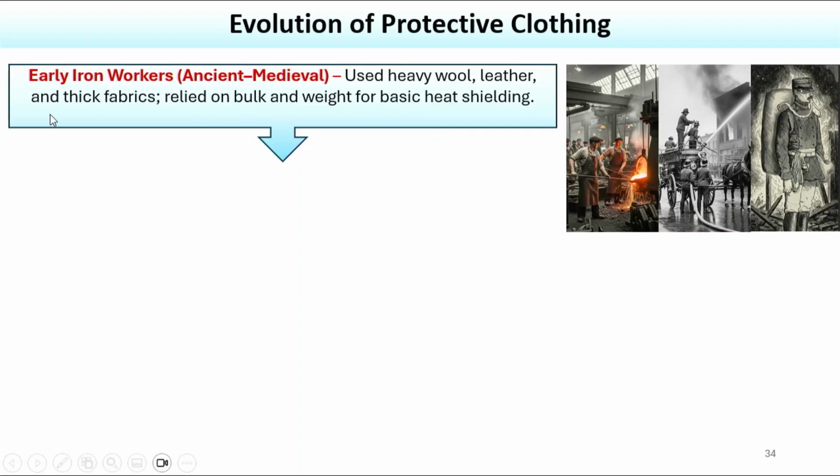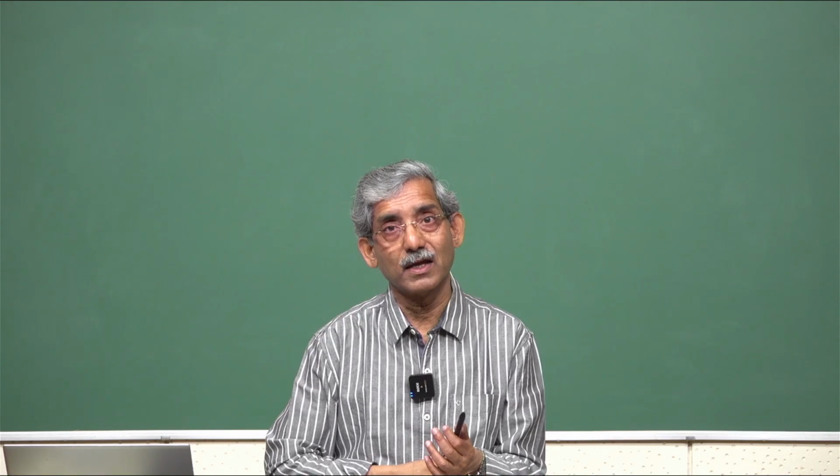Wool by nature is not flammable. So, thick fabrics were used, relying on bulk and weight. In that time only protection was important, and comfort was not the main issue.